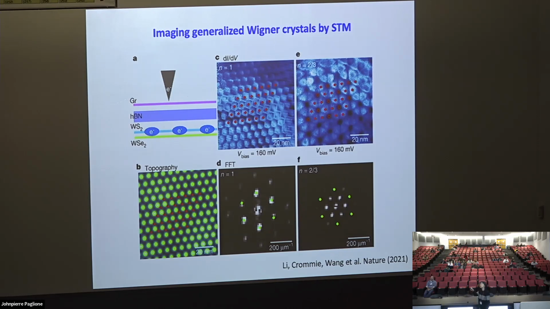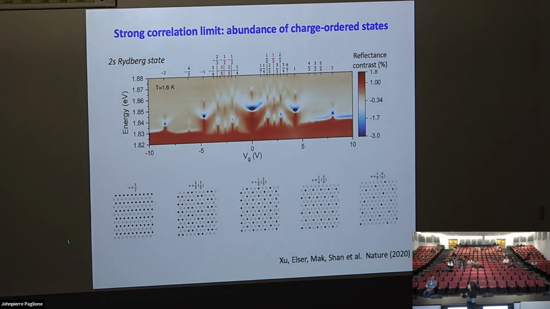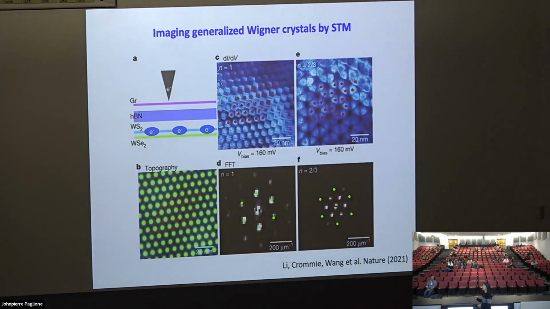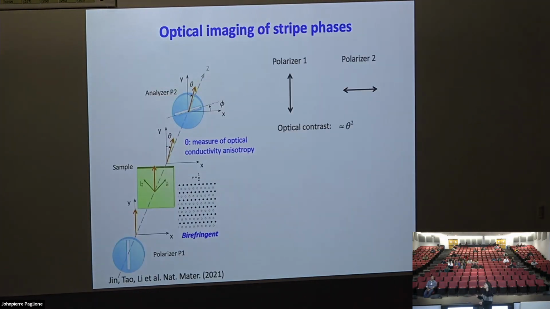So they put graphene away from the bilayer, and then those charge puddles, if they form a periodic pattern, that puddle potential should also be reflected on the graphene layer, and then you can do STM on that, and that indeed shows those patterns, predicted by the, okay. So, okay. I don't think I have time to talk about this.